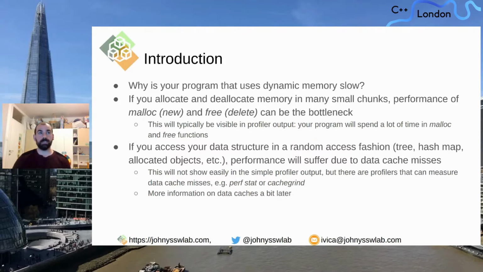If you profile this kind of program in a profiler, you will see that a function is slow, but you won't have a clear reason why. In that case, you need to use specialized tools, not a regular profiler, but tools that can debug data cache misses or slowdowns due to data cache. In the Linux world, you have the perf profiler that can do that. You have cachegrind, which can also do that. We'll talk about data caches a bit later.